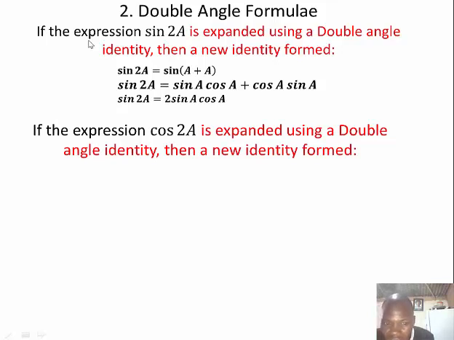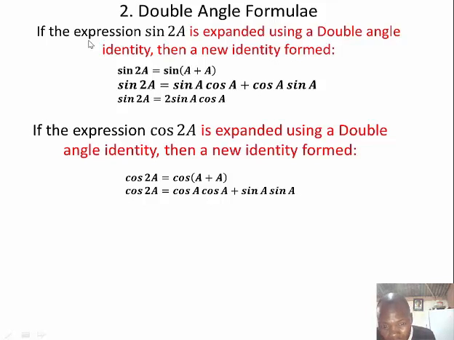Now we're looking at if the expression cos 2a is expanded using a double angle identity, then a new identity will be formed. So now it's cos 2a, right? This one has 3 alternatives, to tell you in advance. So let's start. With your cos 2a, you have cos (a plus a), and so cos 2a equals cos a by cos a minus sine a by sine a.